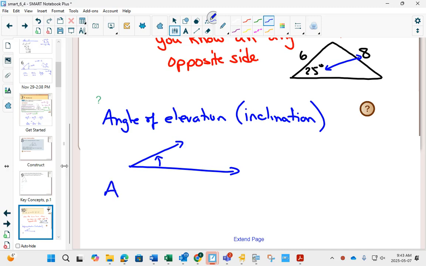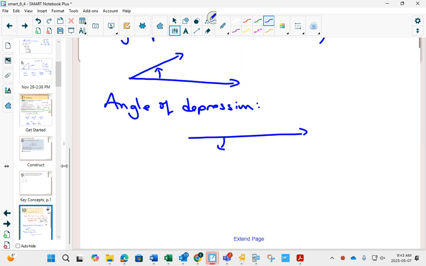And then there's also an angle of depression, where if you have a horizontal line, the angle of depression is always an angle looking down. So angle of elevation, you take your horizontal line and look up. Angle of depression, take your horizontal line and look down.